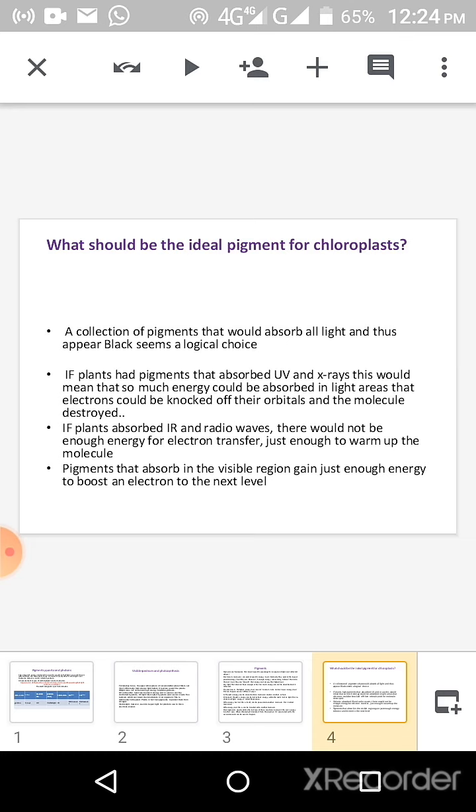If plants absorbed infrared and radio waves, there would not be enough energy for an electron transfer, just enough to warm up the molecule. So this is also not ideal. Pigments that absorb in the visible region gain just enough energy to boost an electron to the next level. So this is the most ideal scenario, where pigments absorb light in the visible region.